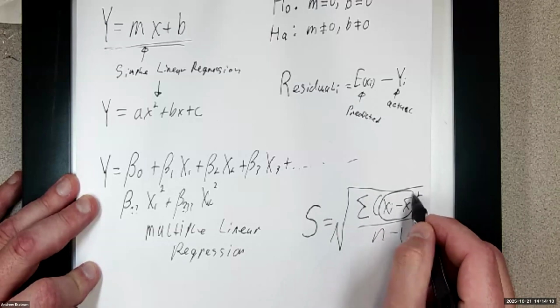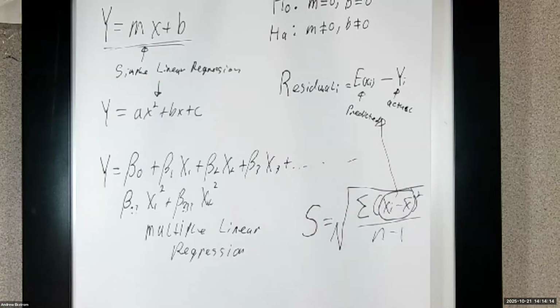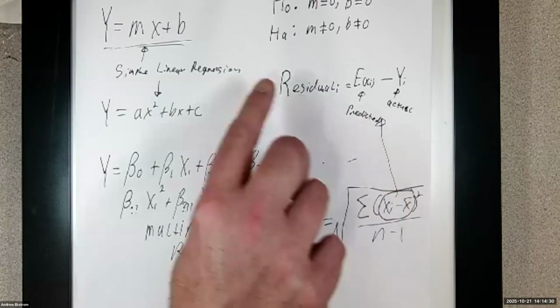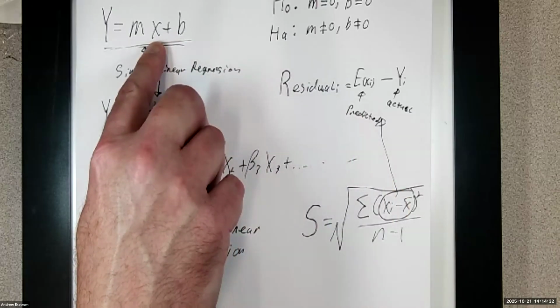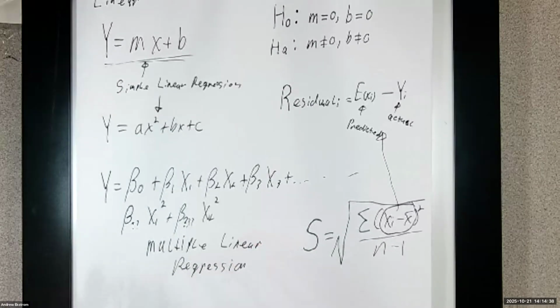Well, the stuff in the center here is basically just that residual. So if we're trying to create a really good model, we want a model where the predicted value, when I put in a value of x, is as close to the value of y as possible.